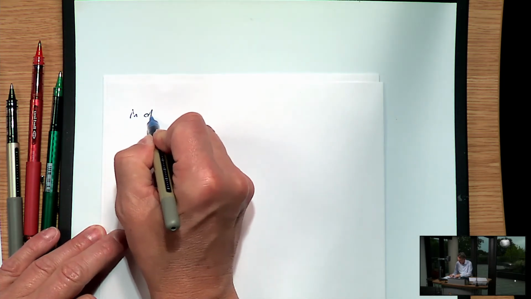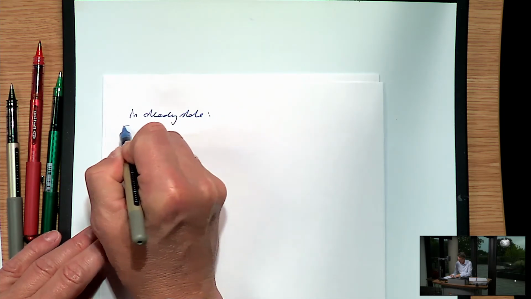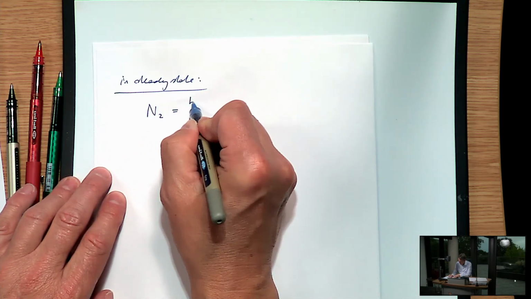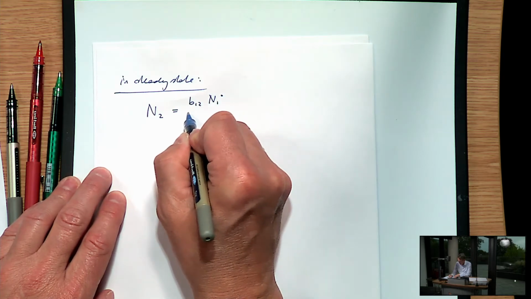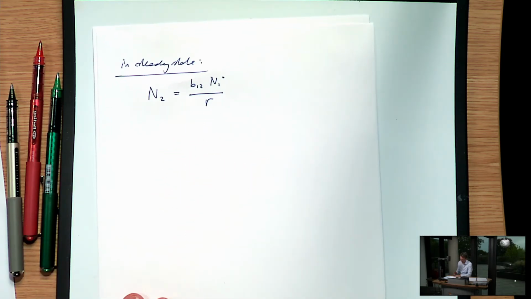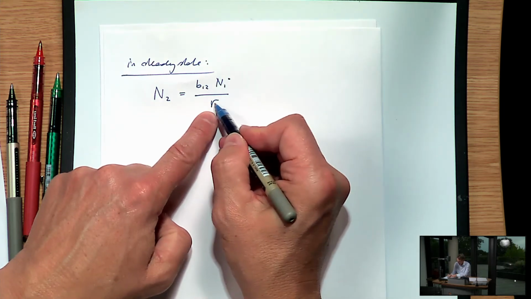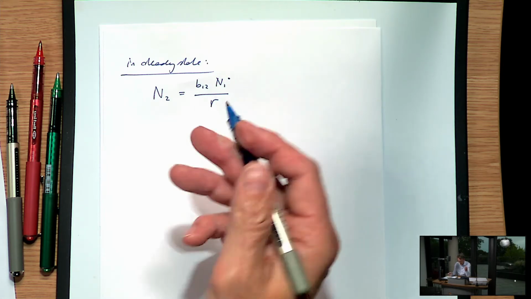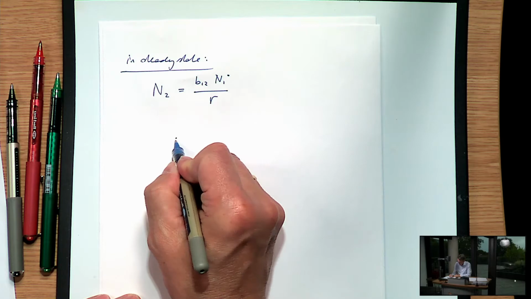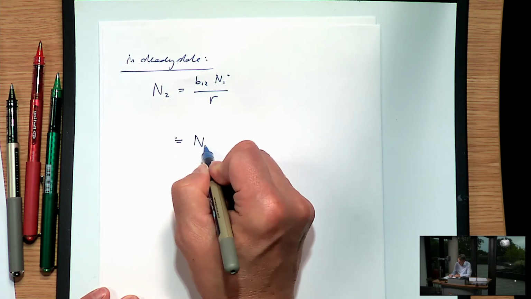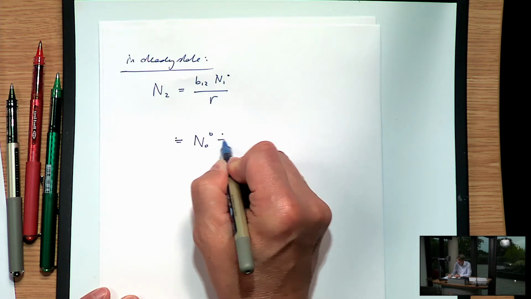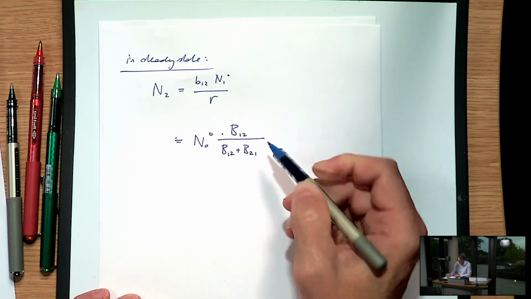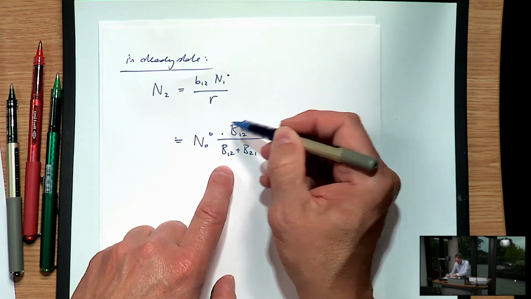So in steady state, you can recast this equation here, N2 equals B12 times N1 naught over R, by putting in the terms for B12, B21 into this equation and rearranging it. You can rewrite the steady state equation as N1 naught times capital B12 over B12 plus B21. We said that that factor is around a half, right?